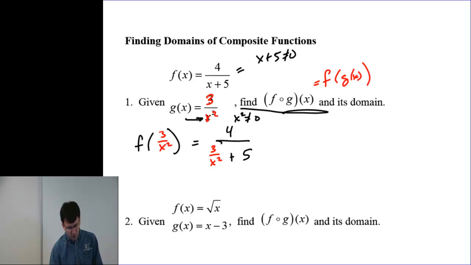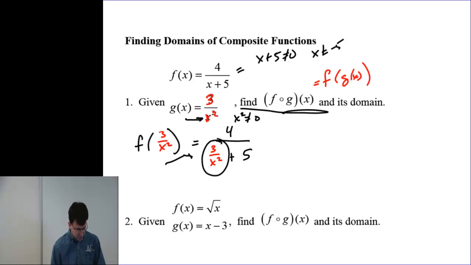Now, the common mistake here is to say, okay, X cannot be equal to negative 5. But X can actually be negative 5, because when you plug a negative 5 into this function, it will not actually make that go to 0. It's when this produces a negative 5 that things are going to be tough.